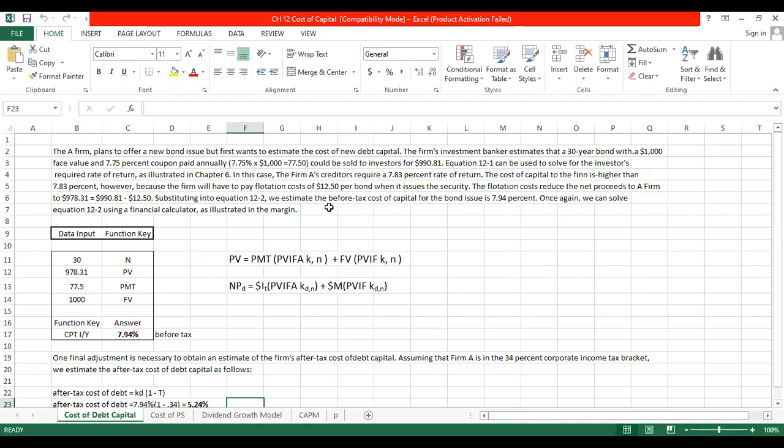However, because the firm will have to pay flotation cost when issuing the security, the flotation cost reduces the net proceeds to the firm. So this is your present value actually. You are selling this to the market, but then you have to subtract the flotation fee, $12.50.